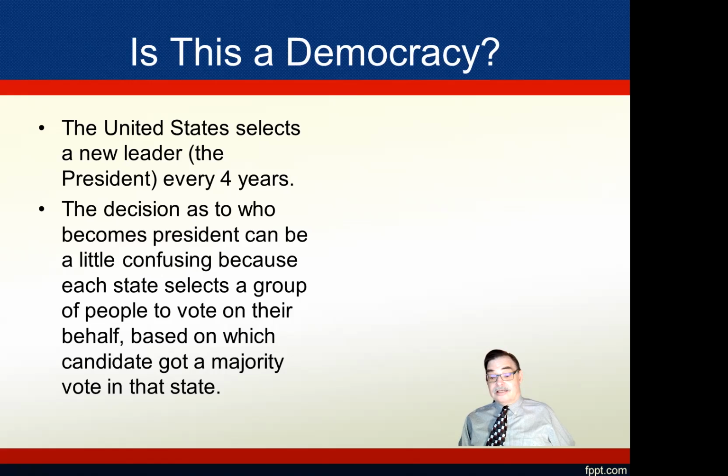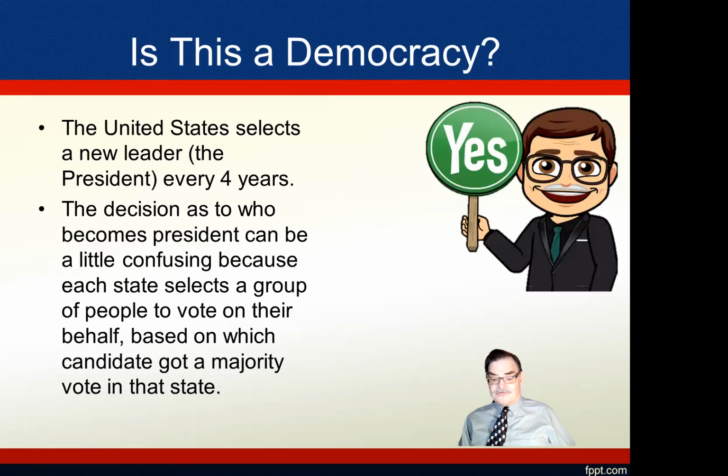But also in the United States, we vote on members of Congress directly every 2 years. So that still makes us a democracy. Are we a democracy? Of course we are. But we're more than that. And that's the important part here. It's not an either-or situation. It's an overlap of the two.